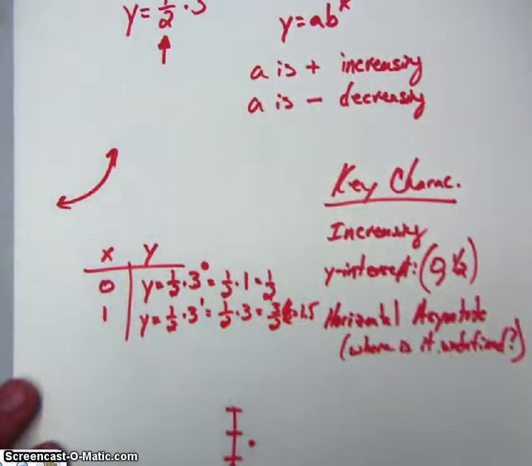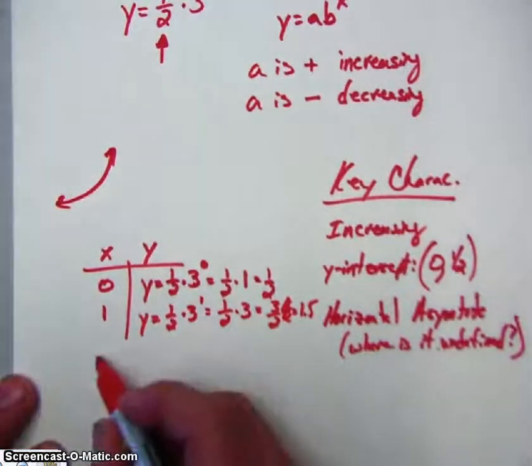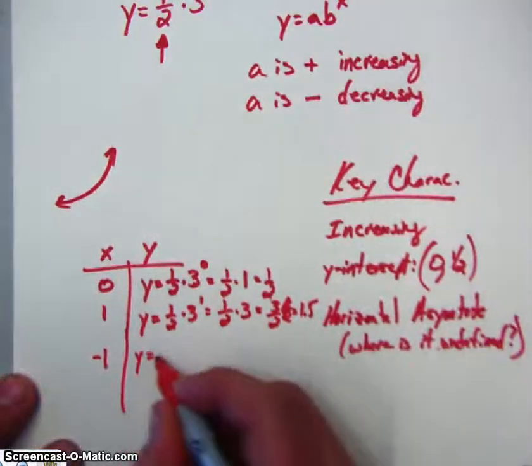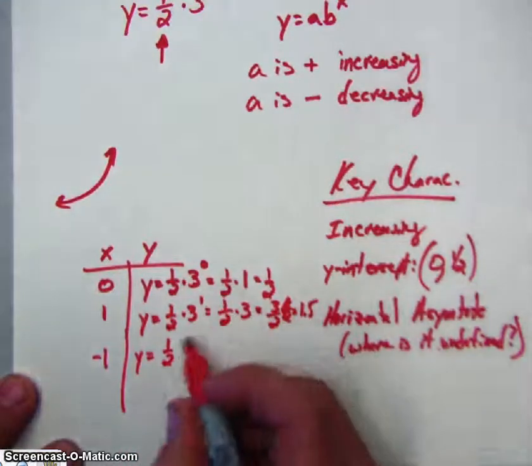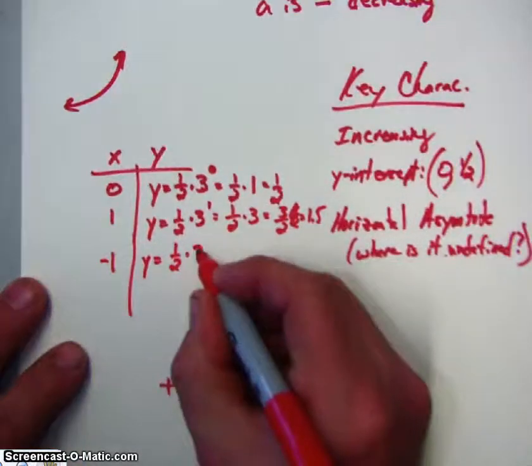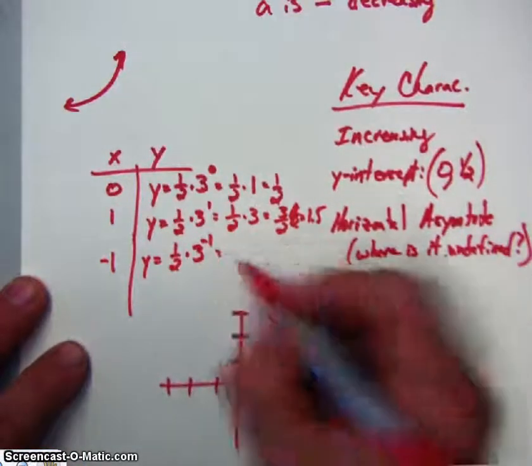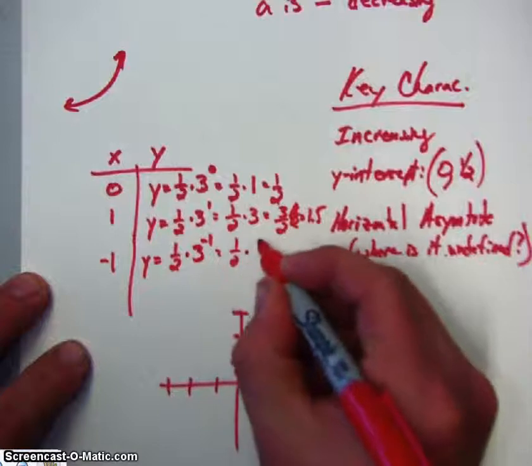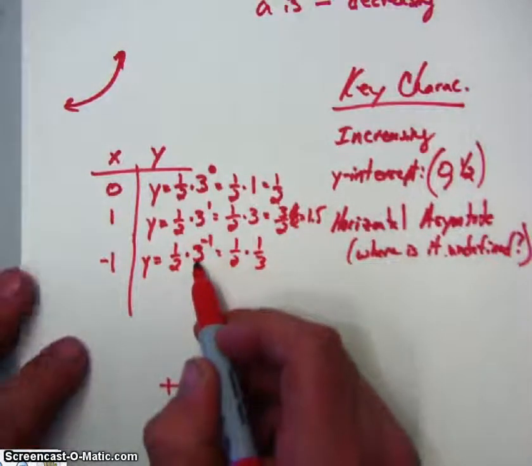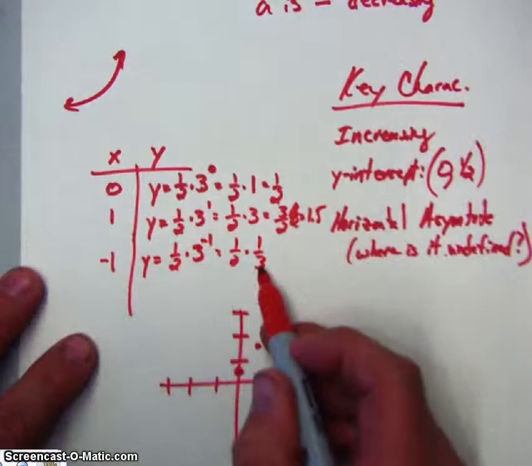Let's pick one over here. Let's pick -1. So 1/2 times 3 to the -1. That becomes 1/2 times 1 over 3, because that's what the negative does. It takes the reciprocal of 3, so it becomes a fraction now.